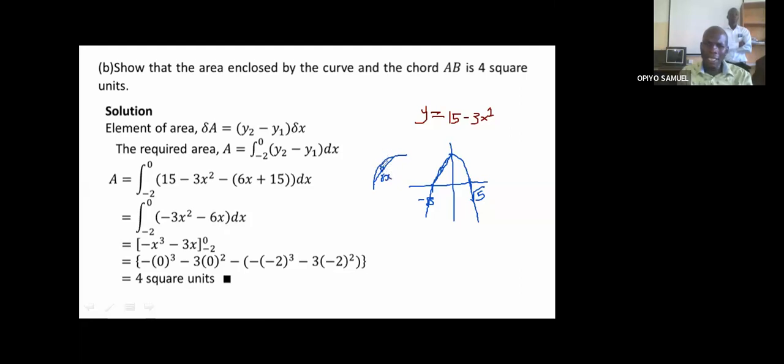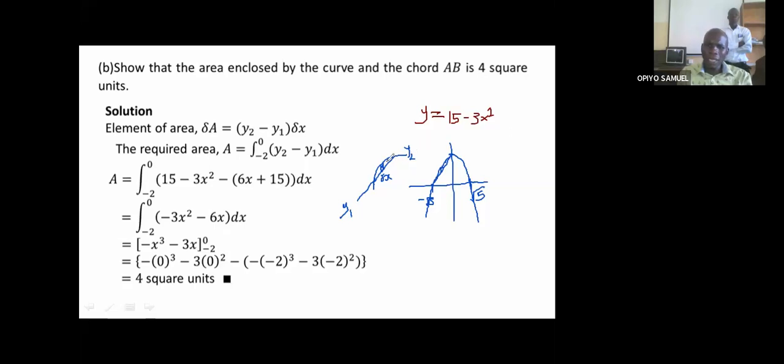Meanwhile, the height or the length of this small strip, which is rectangular, will be the equation of the curve. Let's call it maybe y2, and we call the equation of the chord to be y1.